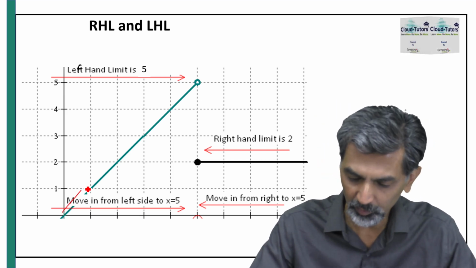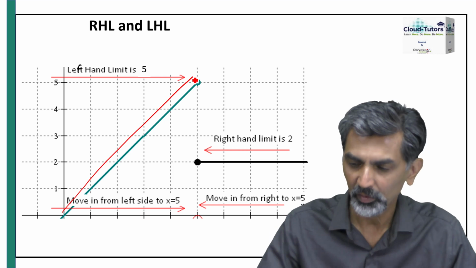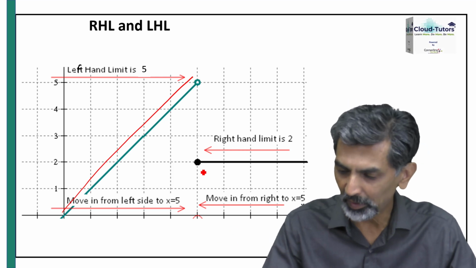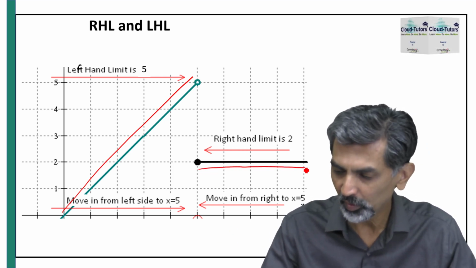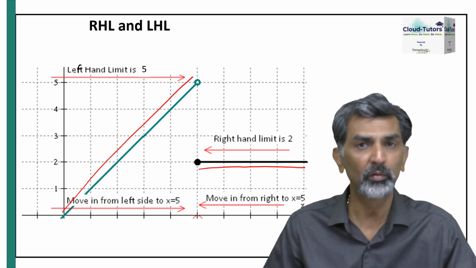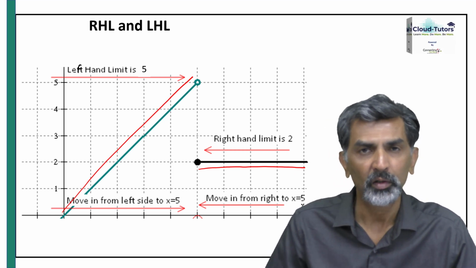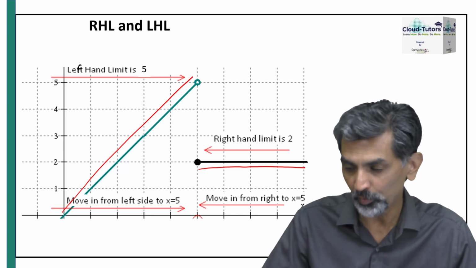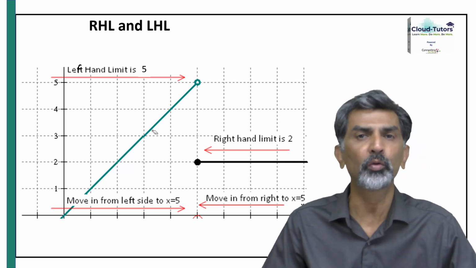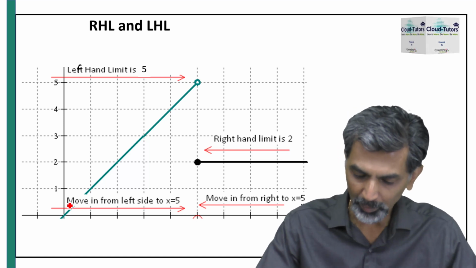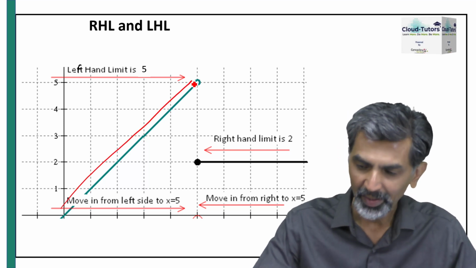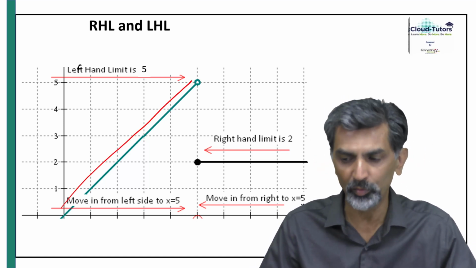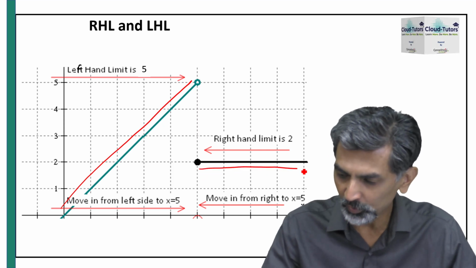There is one part of the function which goes like that, and the other part which goes like this. It satisfies the vertical line test, so it is a function, but it is discontinuous because one part goes like this, and then there is a break, and the rest of the function goes like this.